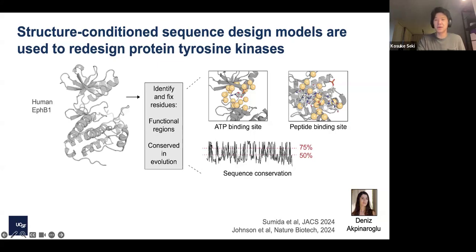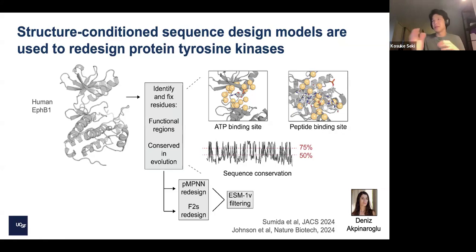You can see that there are many residues that are 100% conserved in all protein tyrosine kinases. We set a couple of thresholds, which I'll talk about later, and tell the model that it can't mutate these residues. Once we do that, we pass it through these redesign models. We use both ProteinMPNN and Frame2Seq. These are both deep learning models that accomplish the structure-to-sequence task.